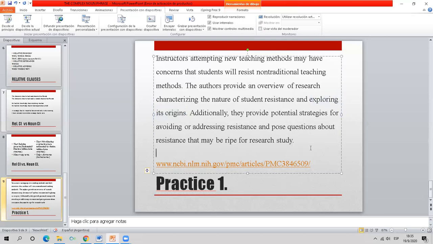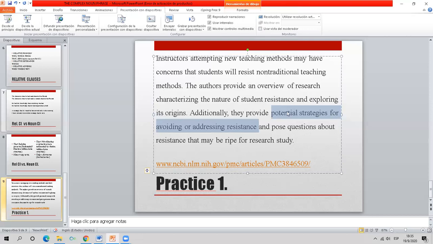They provide, and the object of this verb is potential strategies for avoiding or addressing resistance. Shall I go on or stop? What do you think? I should stop here. So the authors provide potential strategies for avoiding or addressing resistance.